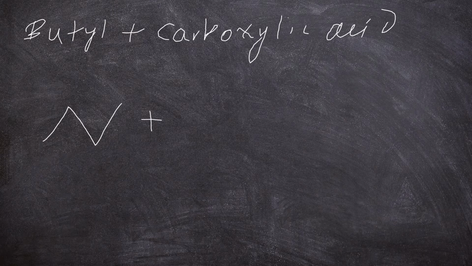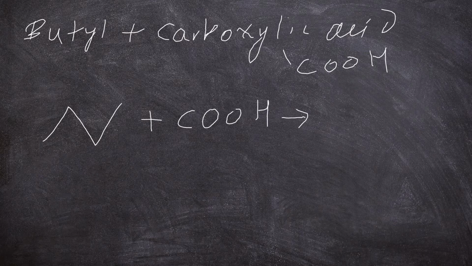Plus carboxylic acid, COOH. So C4H9 plus COOH gives C4H9COOH. So this is the butyl acid.